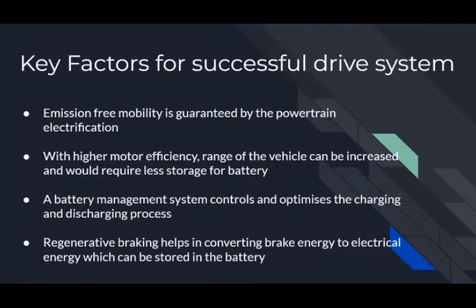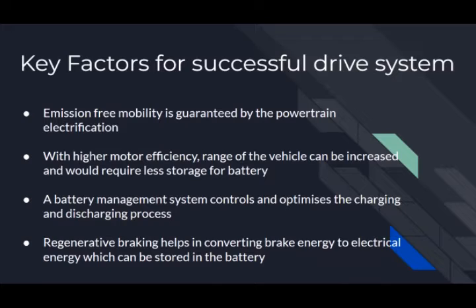The electrification of the powertrain enables locally emission-free mobility and driving pleasure. A long driving range needs a lot of energy if only the electric motor is used for propulsion. The needed energy is stored and delivered from a battery. High motor efficiency in the drivetrain increases range or reduces the need for battery capacity.